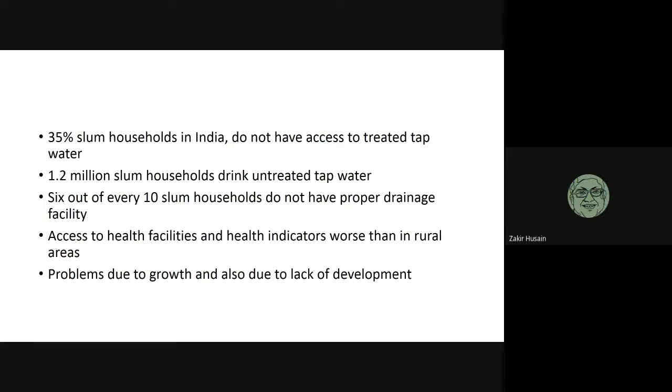The problem with the slums is civic facilities. In fact, there are two problems. One is that in these slums, there has not been any adequate provisioning of civic facilities, what we can call lack of development in the slum areas. So the civic authorities have not extended water, drainage, electricity to the slums.